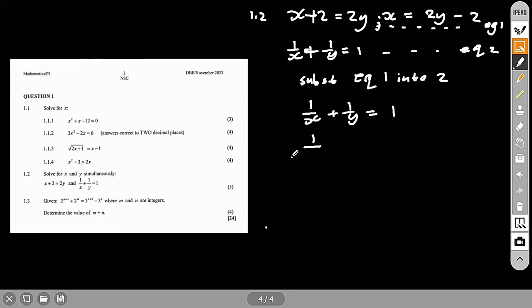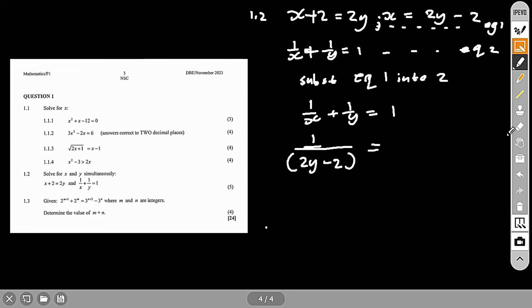So 1 over, what is x? We have it here. x is equals to 2y minus 2. So the whole point is to eliminate x and only deal with y, or only deal with x. So even if you took y, you'll still get the same answer. But if you want me to do it on a separate video, like simultaneous equation separately, you can deal with that, no problem.